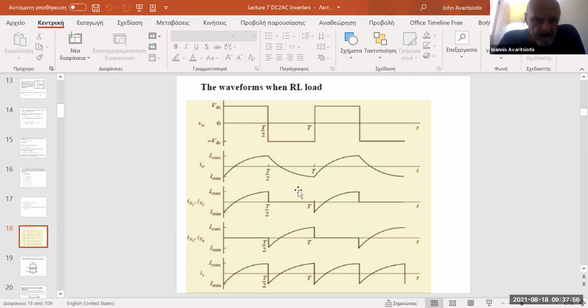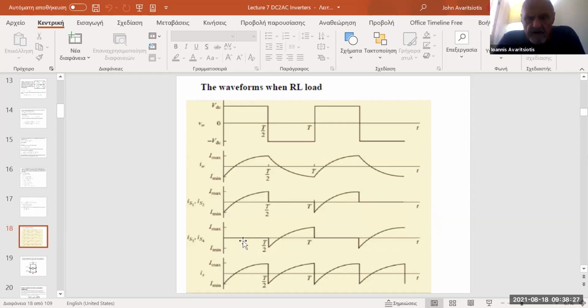Accordingly, one can show how the current flows through the switches, as you would expect. The current flowing through the switches S1 and S2 is shown here on the third graph as a function of time, and the waveform of the currents which flows through switches S3 and S4 in relation to time.